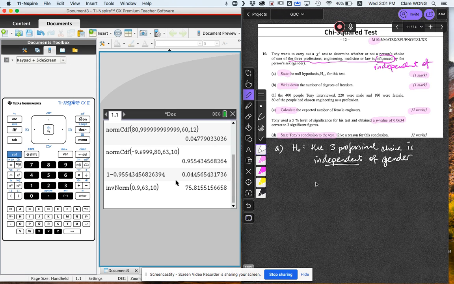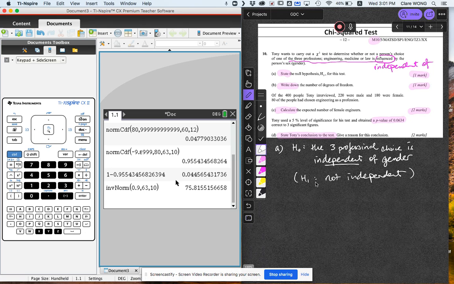Make sure you use independent. And then if you need to state H1, instead of saying independent, you can say not independent. Just like not. Again, don't fancy it up.